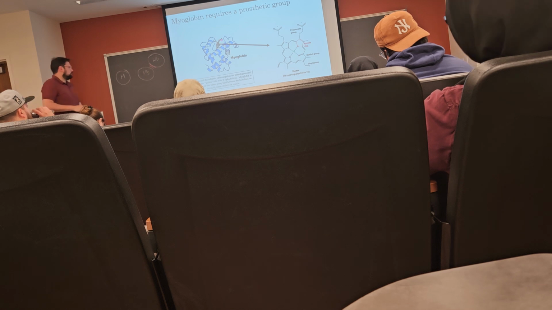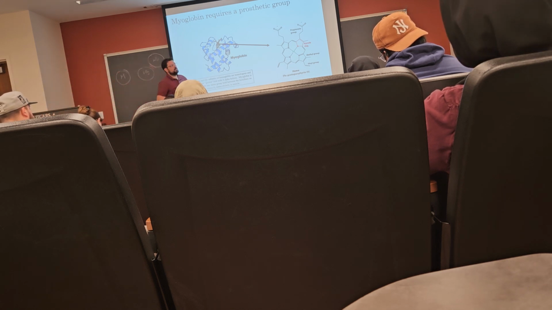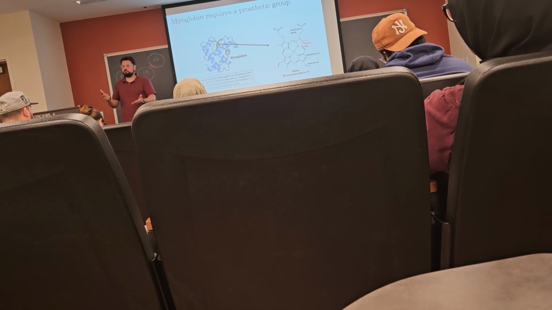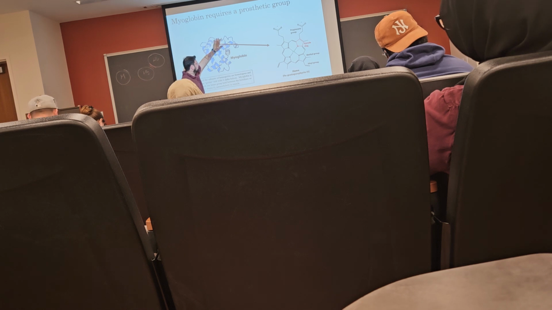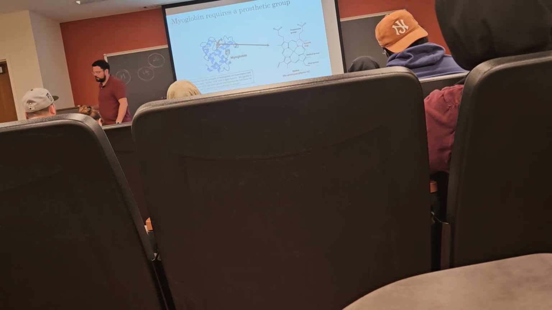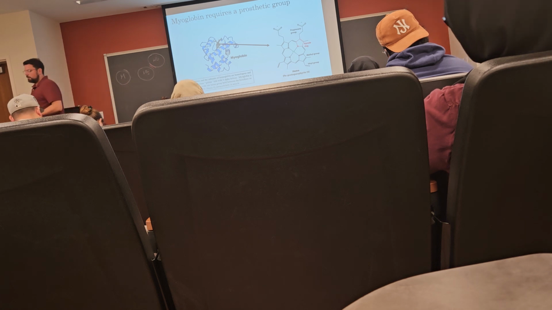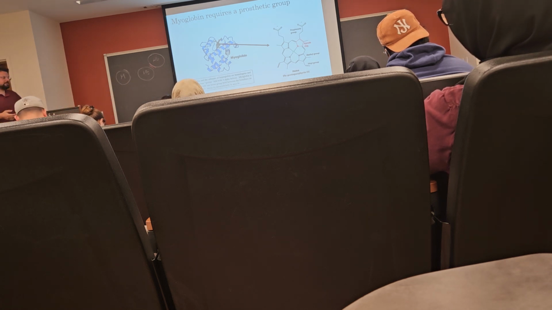So if we look at myoglobin, myoglobin is made up of 8 alpha helices, labeled A through H. Importantly, it's got what we call a prosthetic group. We haven't seen a prosthetic group before, but the reason we call it a prosthetic group is just like a prosthetic limb, it helps the enzyme function.